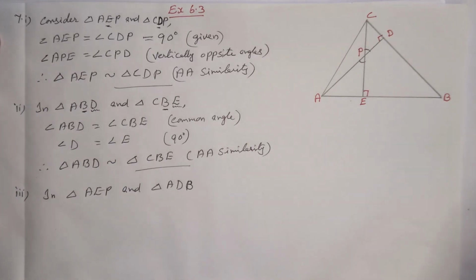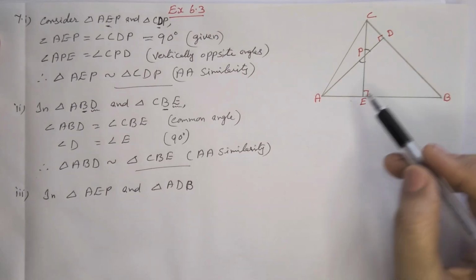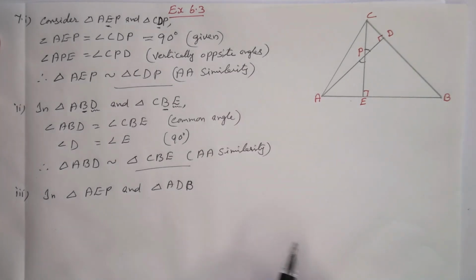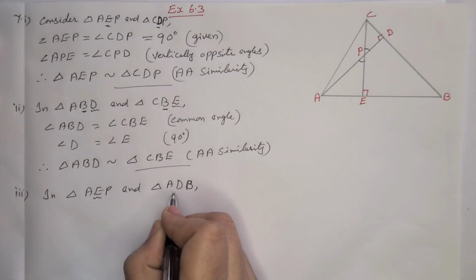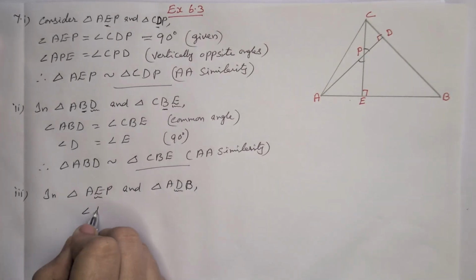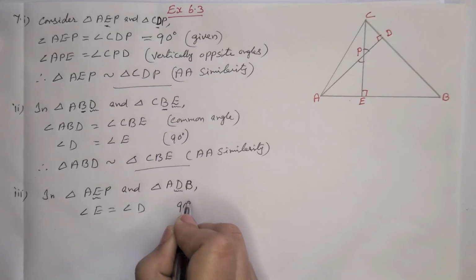Third part, consider triangle AEP and triangle ADB, these two triangles. From that we can write angle E is equal to angle D, that is 90 degrees, given.